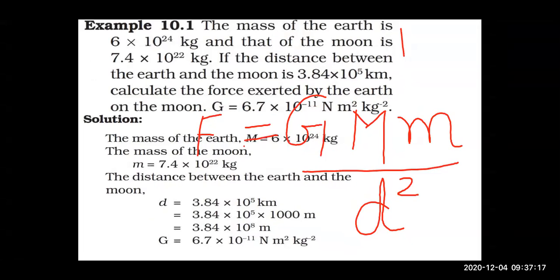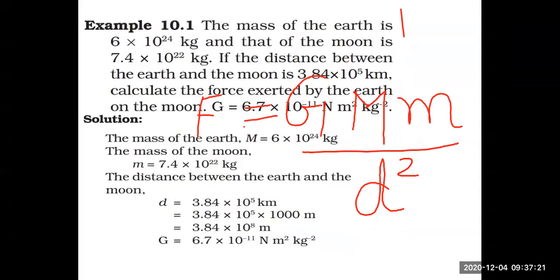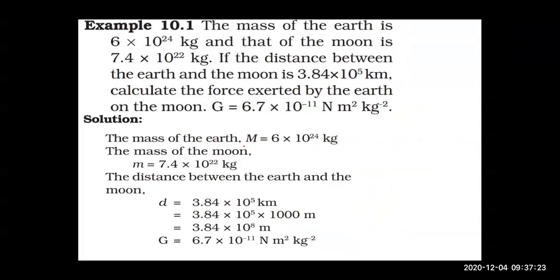This is the formula which we know. Now, let's solve a numerical based on this gravitational formula. This is your NCERT solved example 10.1. Right, so let's start with the question.